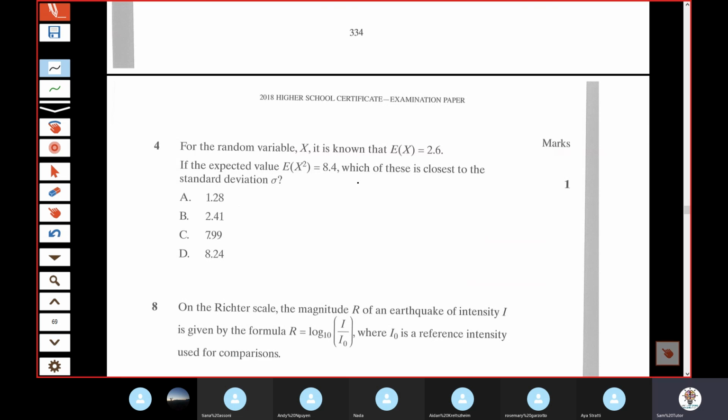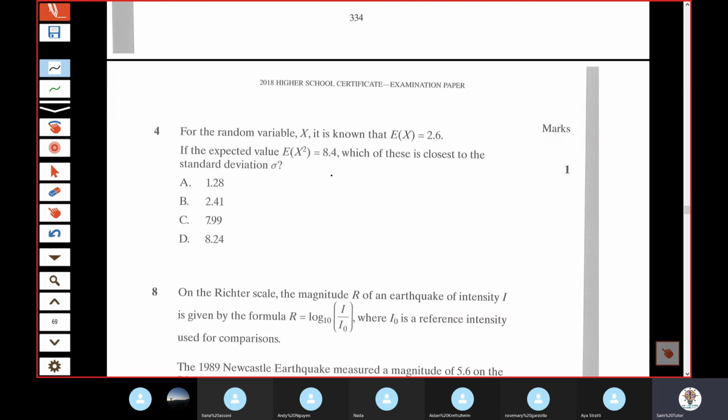Okay. Question 4. For the random variable, it is known that E(X) is 2.6. The expected value of X squared is 8.4. Okay, easy. Well, we just did that one. Variance of X, we already know that's the same as E(X squared) minus E(X) squared.